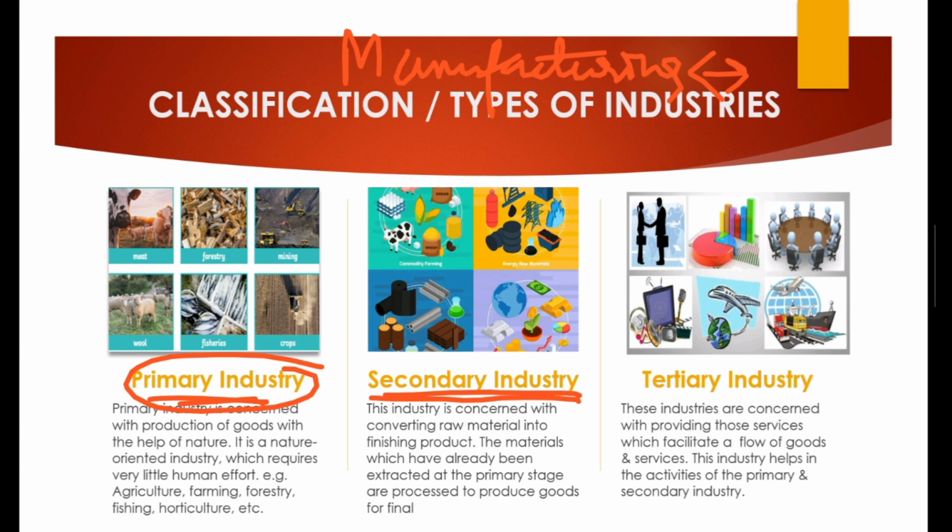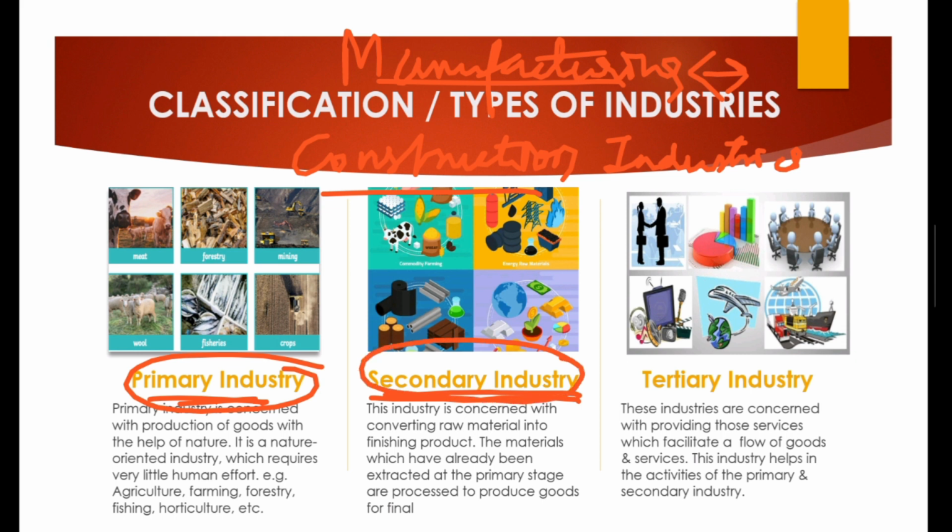The second is the construction industry, which builds bridges, buildings and tunnels. Construction work is known as construction industry, and the other is manufacturing industry, and both come under secondary industries.